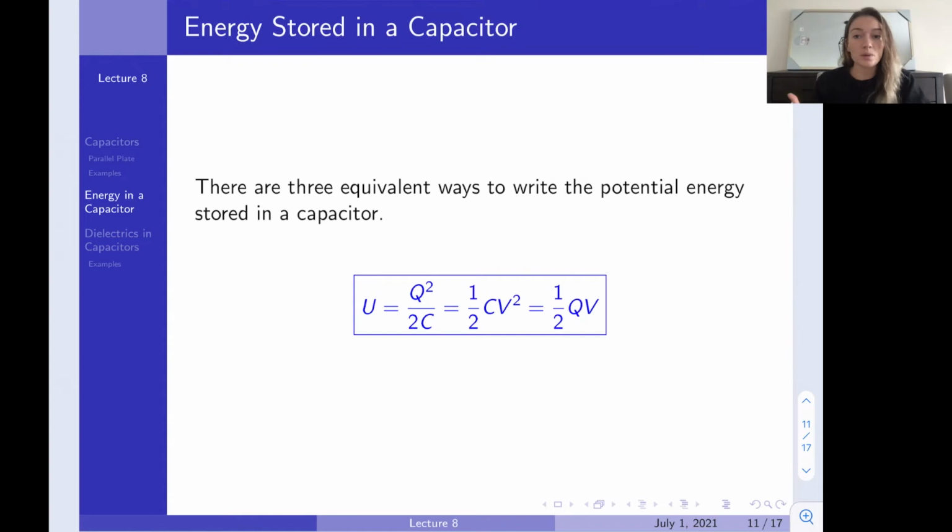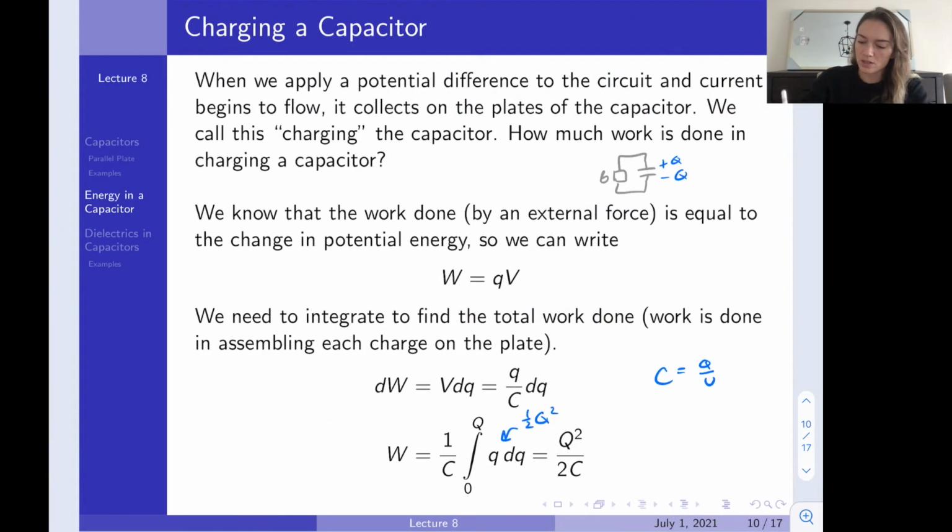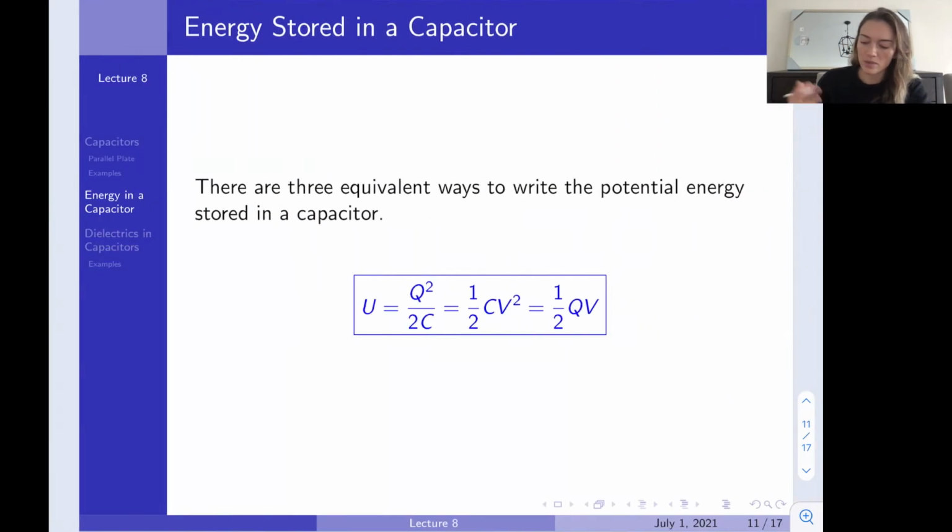Now, there's a couple different ways that we could write the energy stored in a capacitor. We just found this way, and again, we denote the potential energy for our capacitor as capital U. So we just found this first way where we had Q squared over 2C.